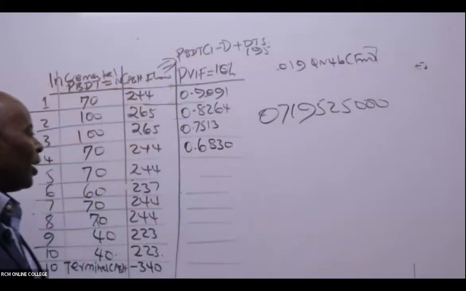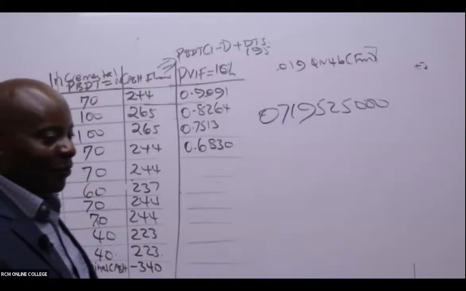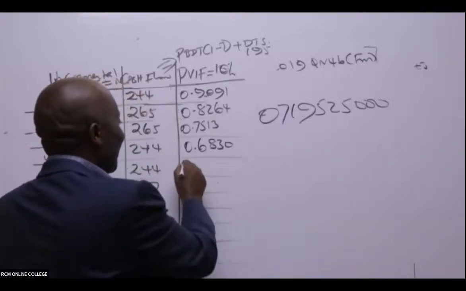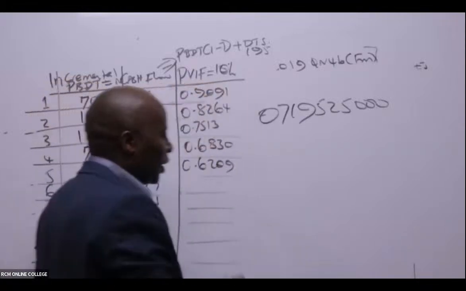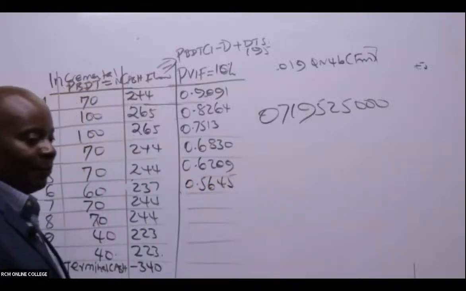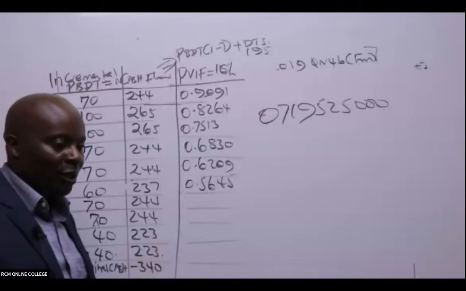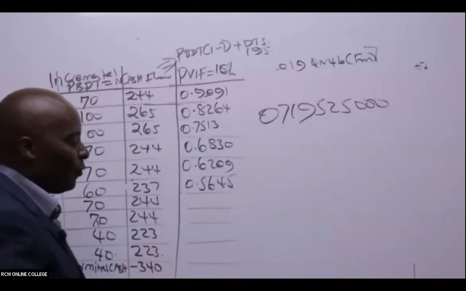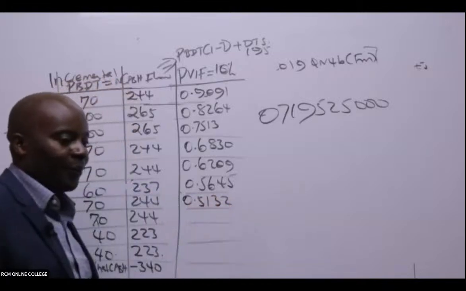Year number five, 0.6209. Then 0.5645. Then 0.5132.